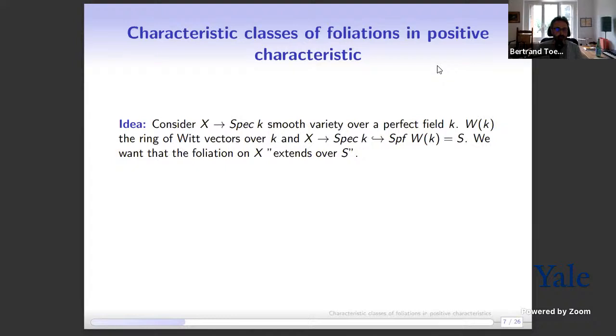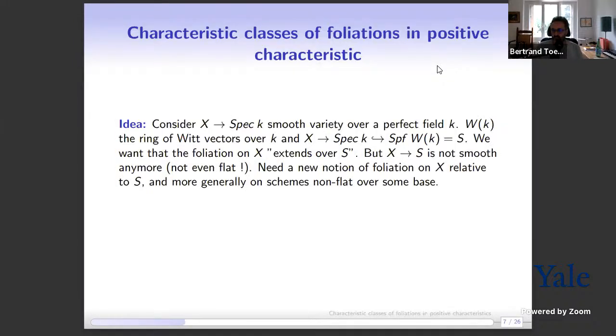And what you want is that the foliation should extend over S, so it should behave like a crystal, so it should extend in the zero characteristic somehow. So that this extends over S is what I'm going to make precise.